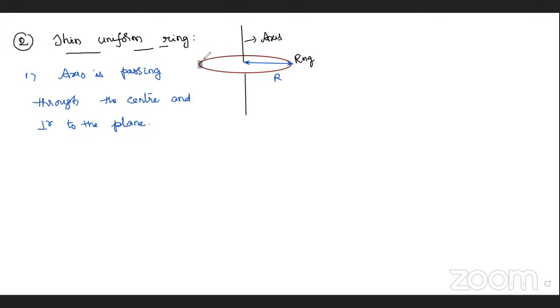Why? Because the total mass is on the circumference only. Any point mass is at a distance of exactly the perpendicular distance, equal to the radius. So the advantage is R becomes constant. Any mass on the circumference you assume is at a distance of R.